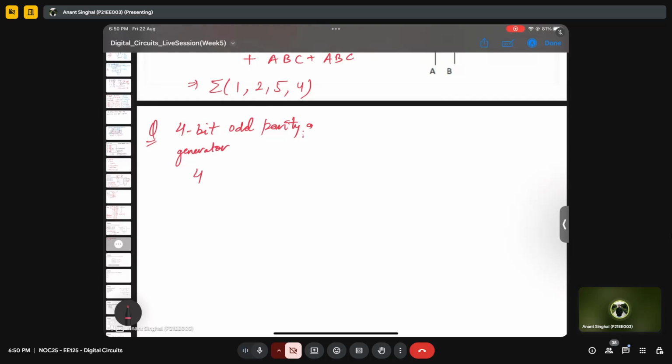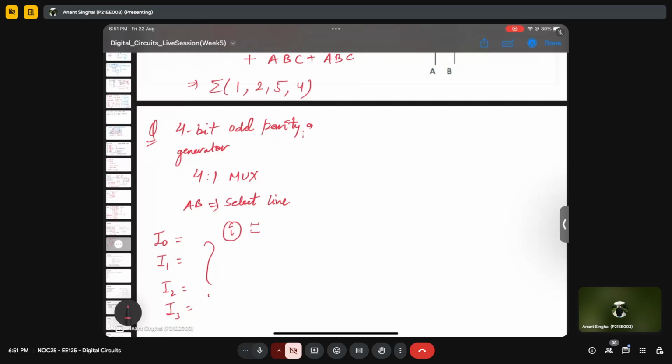And you have to do it using a 4x1 mux. Let's say A and B are the select lines. So you need to find all the 4 inputs. Your options I can give in the form of C and D.